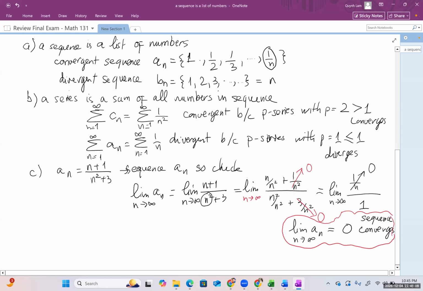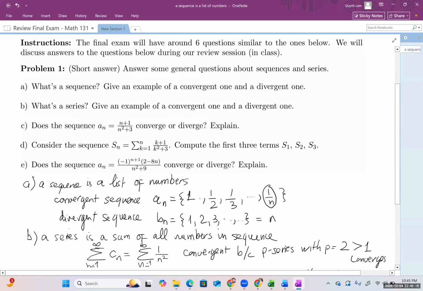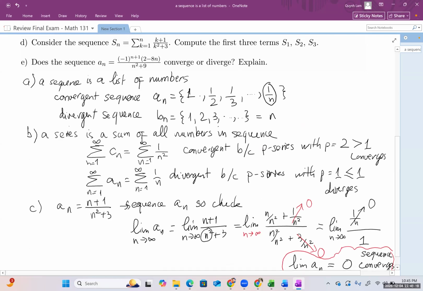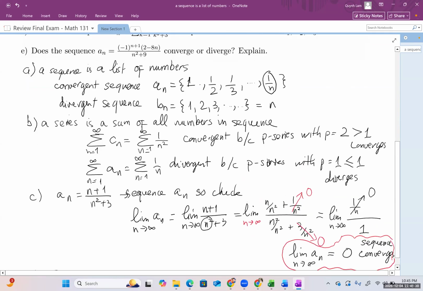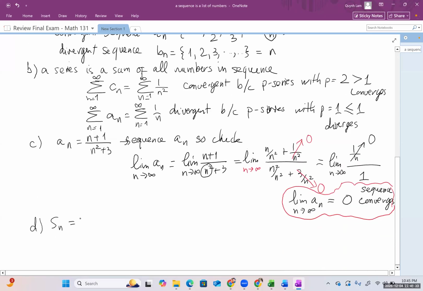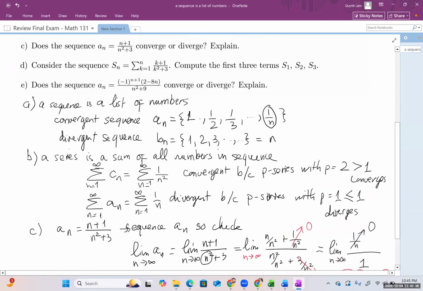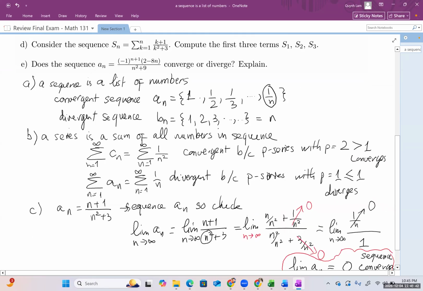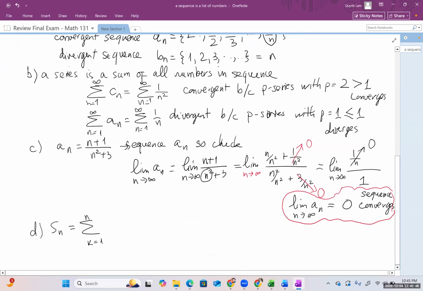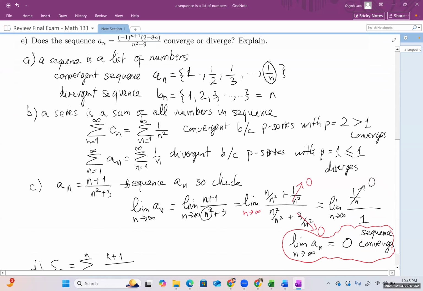Now let's move to part D. So S_n equals what? The summation of n, k equal to 1, of (k plus 1) divided by (k squared plus 3).